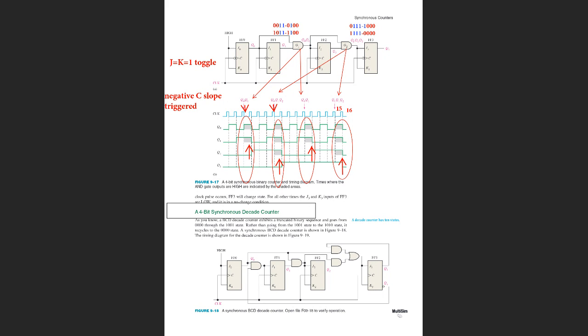We toggle FF3 when the outputs Q0, Q1, and Q2 are 1 at the same time, which happens twice in the counting of the counter.